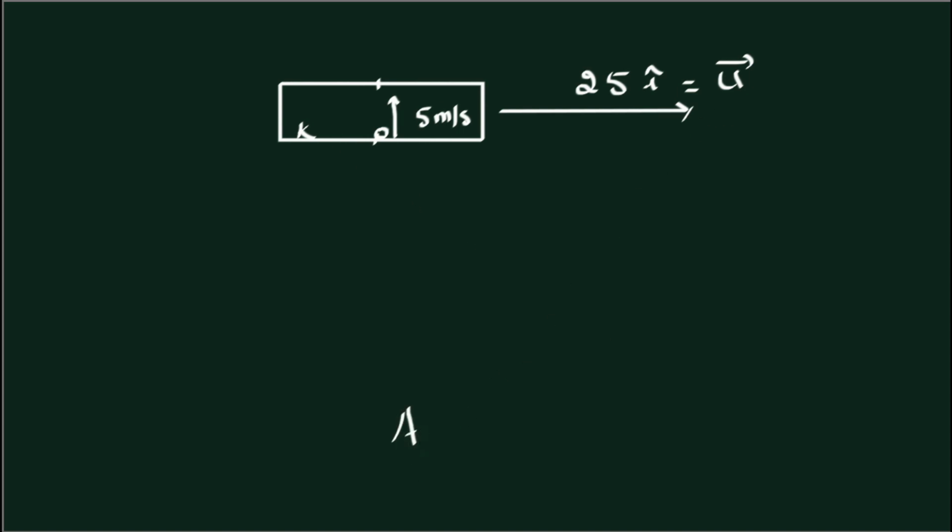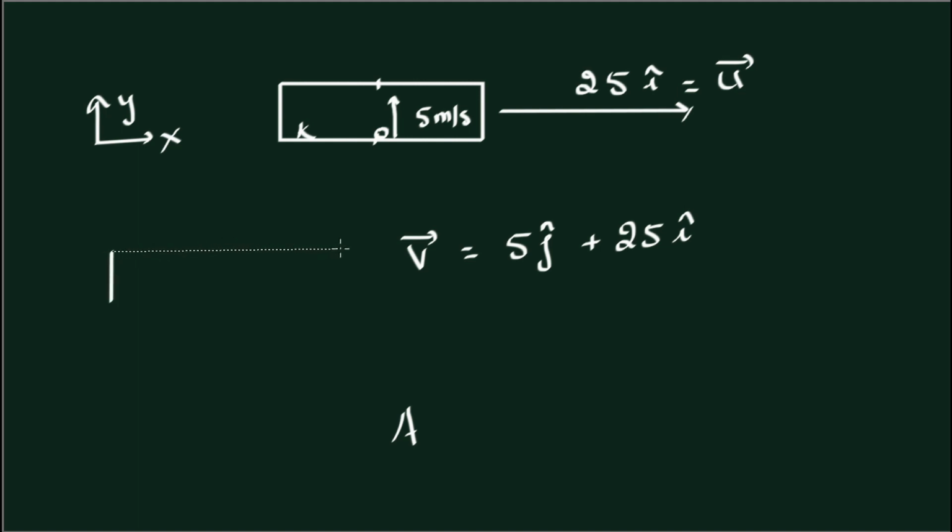So from Adityan's point of view, the velocity of the ball is v prime, which is 5 j cap. Remember, this is our y direction and this is our positive x direction. So 5 j cap plus 25 i cap. This is the velocity of the ball that Adityan sees. Let's draw this vector. This is going to be 5 j cap plus 25 i cap.